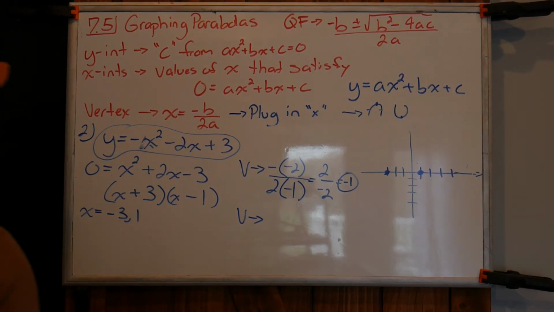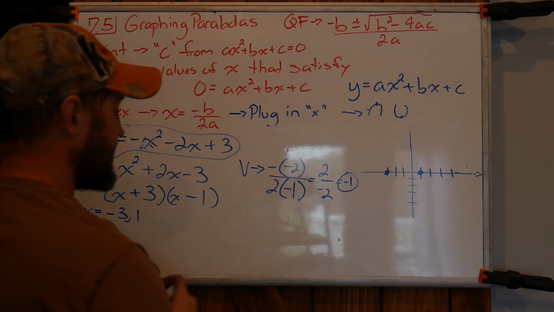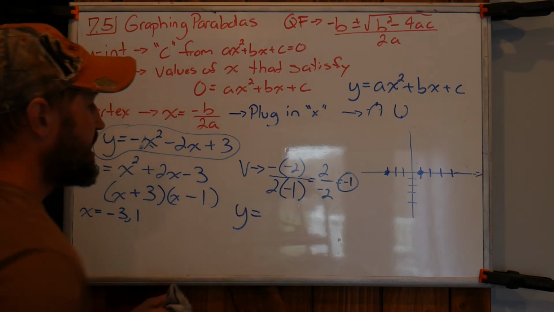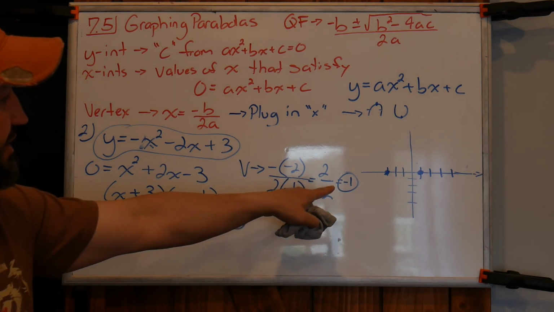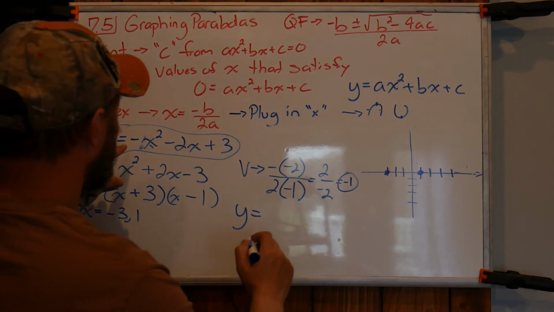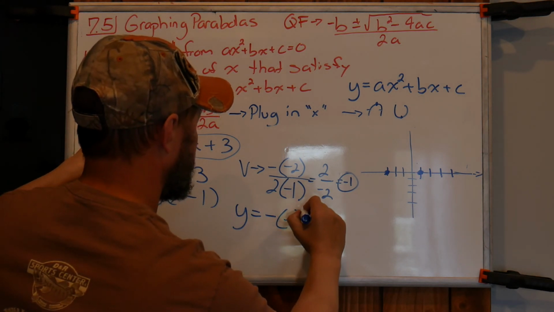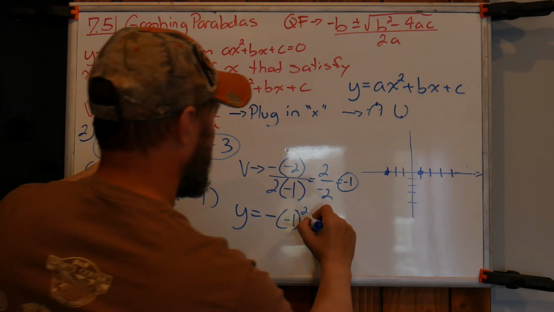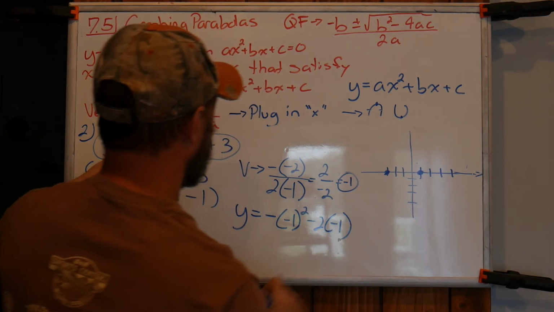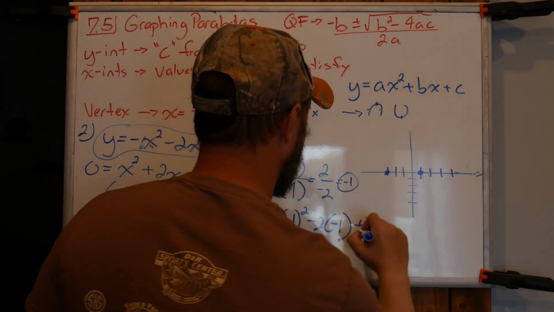So for my vertex, I'll do this differently so you can follow along. My vertex, my x value, is negative 1. So I just take my original equation, and I have a negative 1 squared minus 2 times negative 1 plus 3.